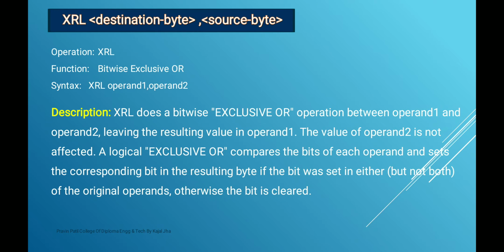After that, XRL, which is the bitwise exclusive OR, that is XOR, operation between operand 1 and operand 2. XRL does a bitwise exclusive OR operation between operand 1 and operand 2, leaving the resulting value in operand 1. The value of operand 2 is not affected. A logical exclusive OR compares the bits of each operand and sets the corresponding bit in the resulting byte if the bit was set in either but not both of the original operands, otherwise the bit is cleared.